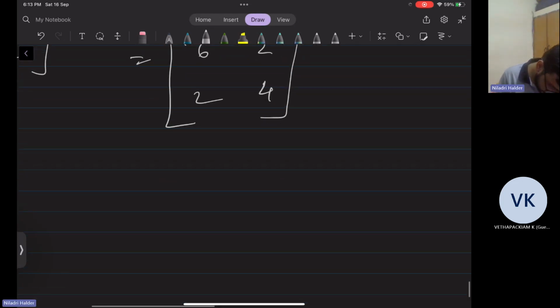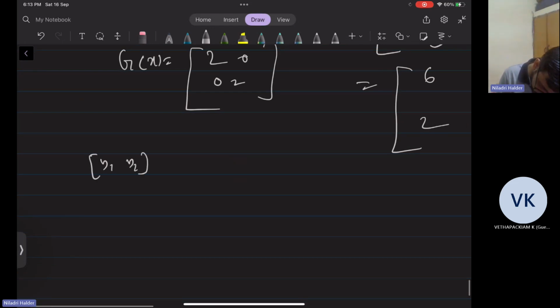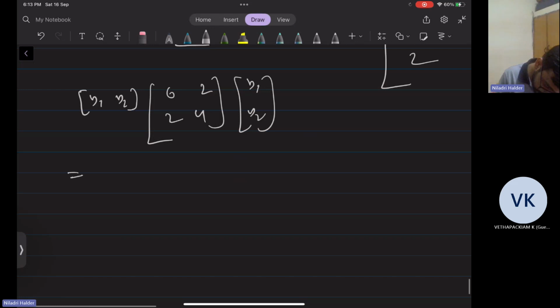Now find y1, y2 times 6, 2, 2, 4 times y1, y2. That is equal to 6 y1 square plus 4 y1 y2 plus 4 y2 square.